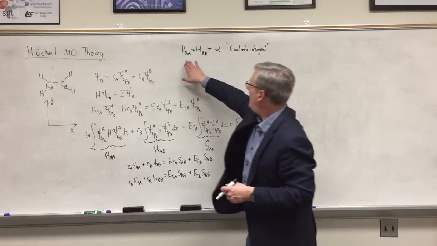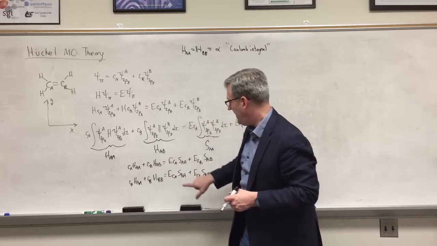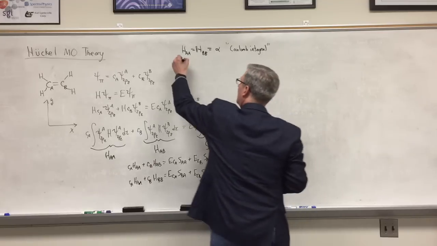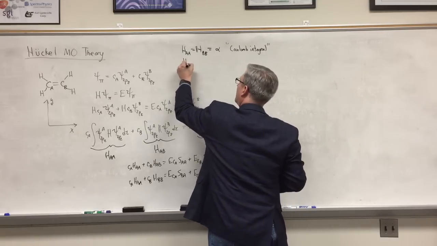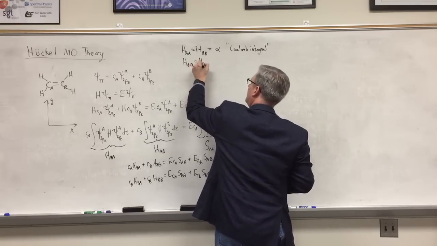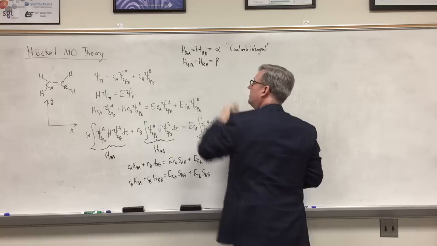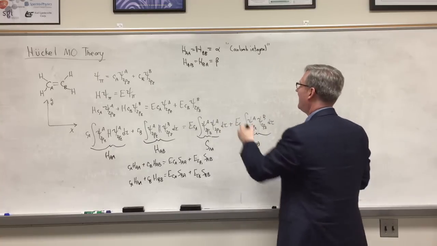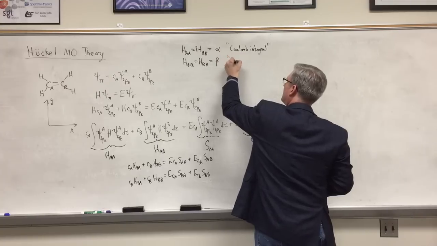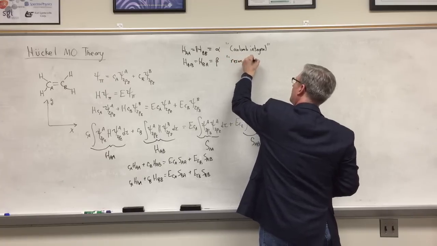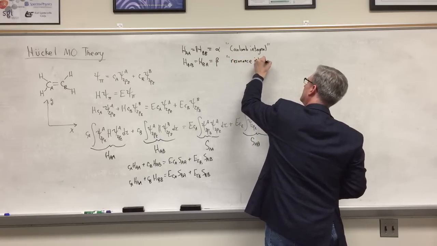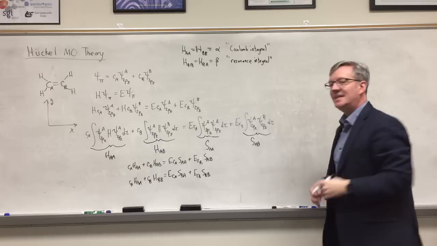Okay, those are HAA and HBB. What about HAB and HBA? HAB, which has to be equal to HBA, we call this beta, so our consistent notation there. And this is called a resonance integral. It is a negative number.